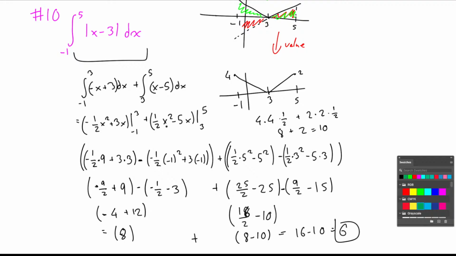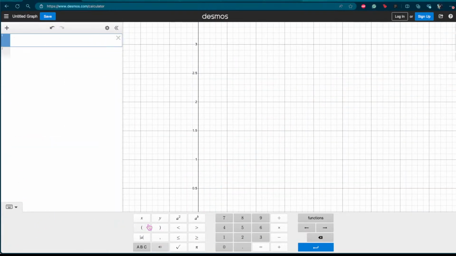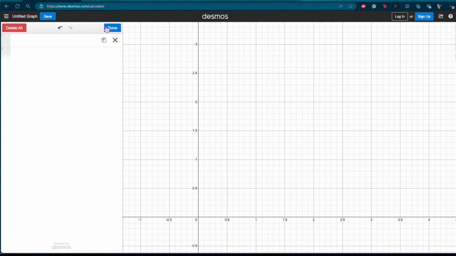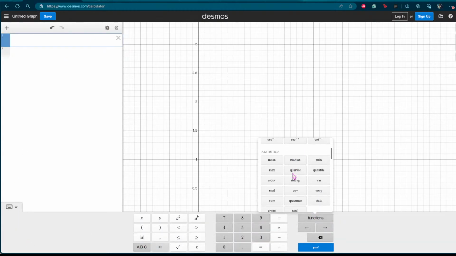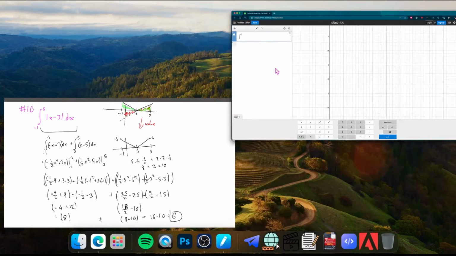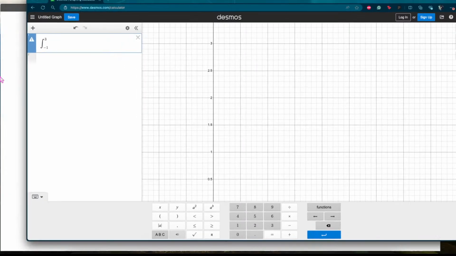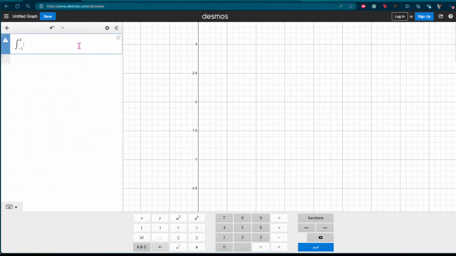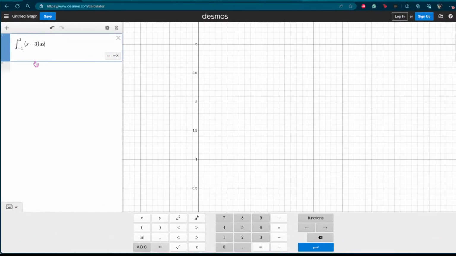I think Desmos does integrals. Let's see. Integral from -1 to 3 of x minus 3 dx. But it's negative x plus 3.